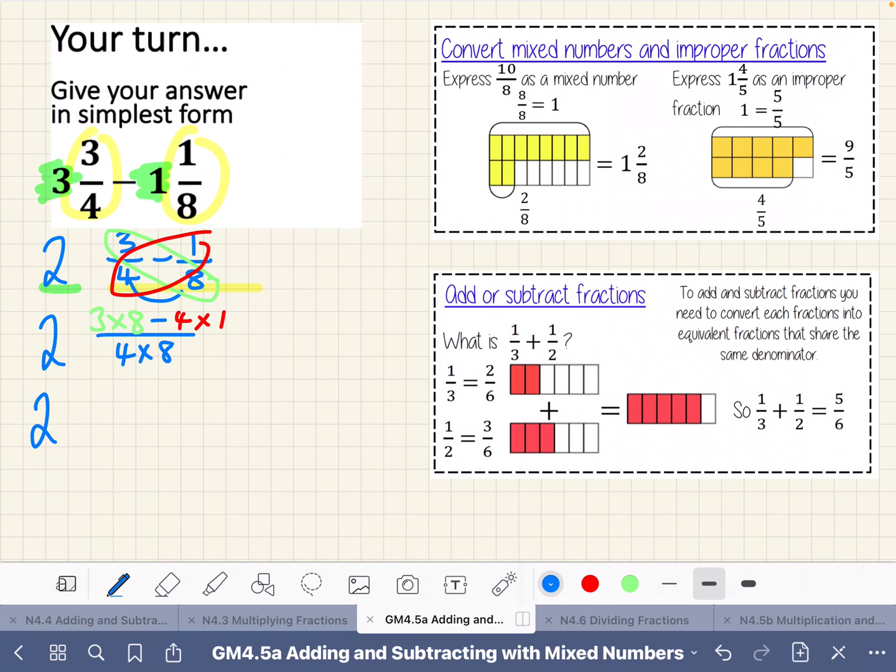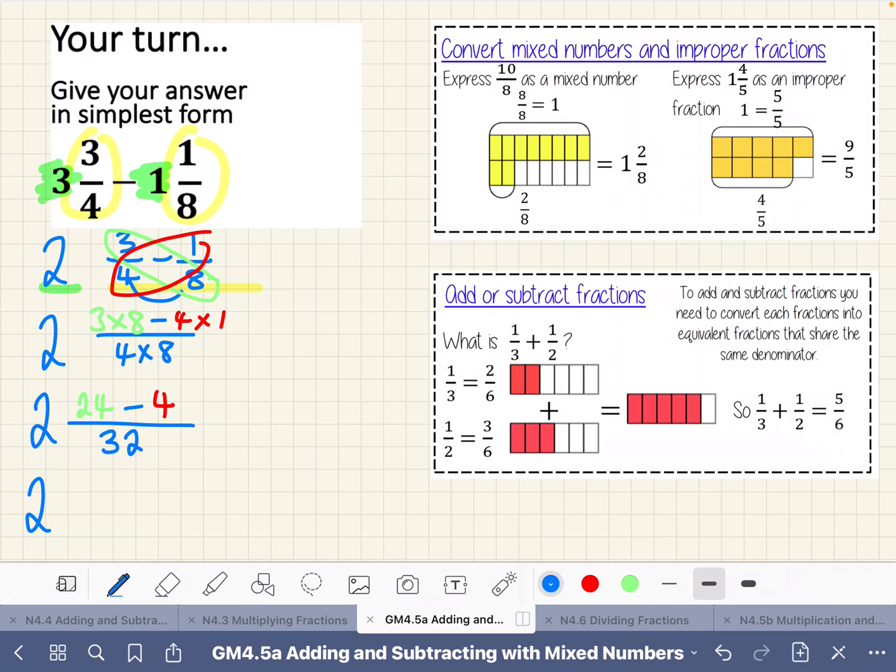We are keeping the full 2, and we have 3 multiplied by the 8 is 24. We are subtracting the answer to 4 times 1, which is 4, and that's all over 4 times 8, which is 32.